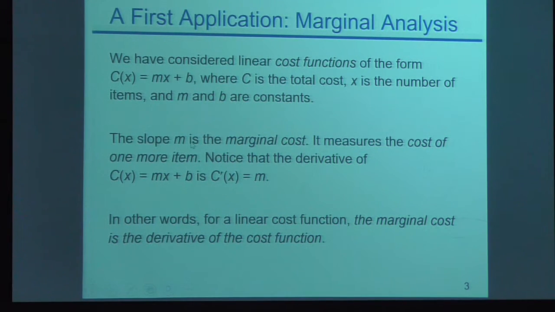The slope m is the marginal cost. It measures the cost of one more item. Everyone understand that? Notice that the derivative of this function is just m. In other words, for a linear cost function, the marginal cost is the derivative of the cost function.